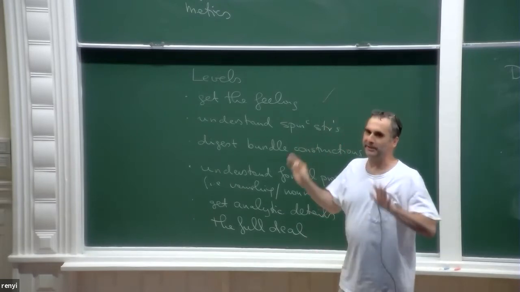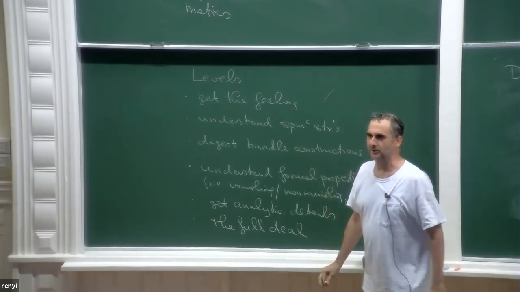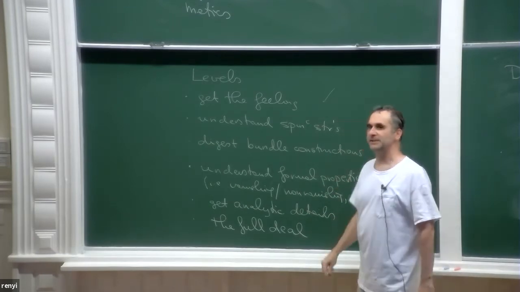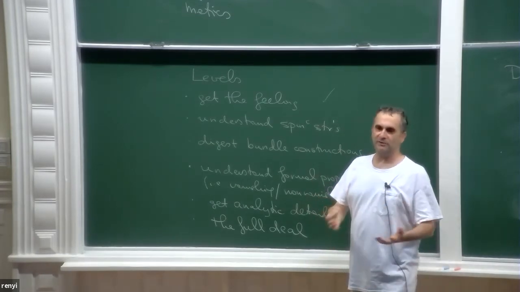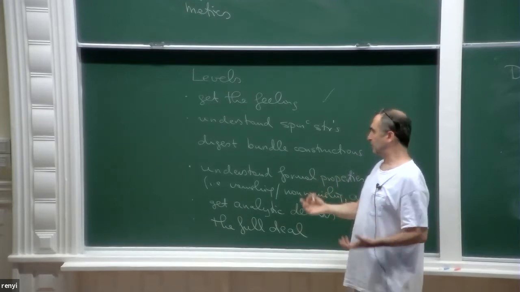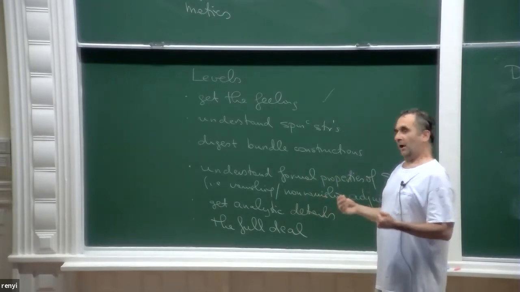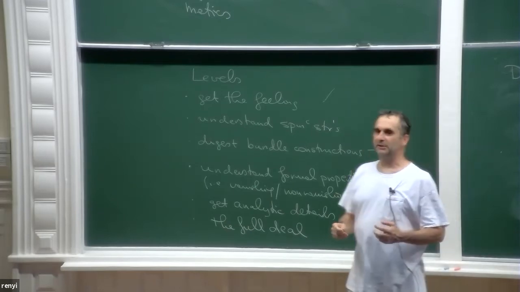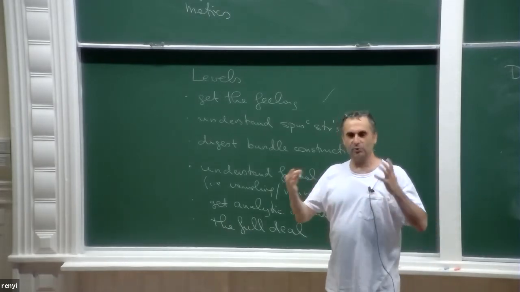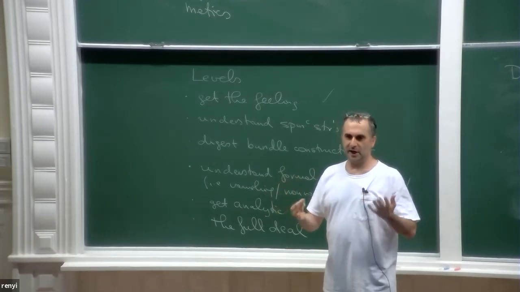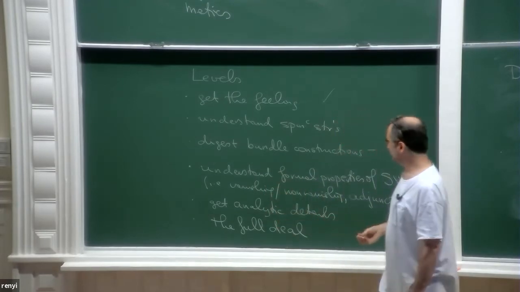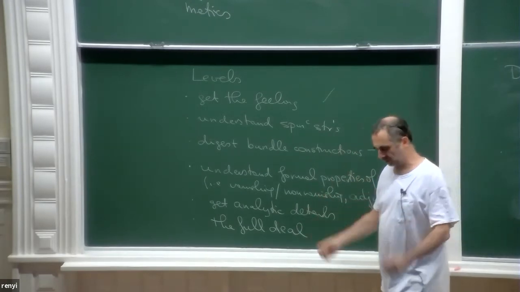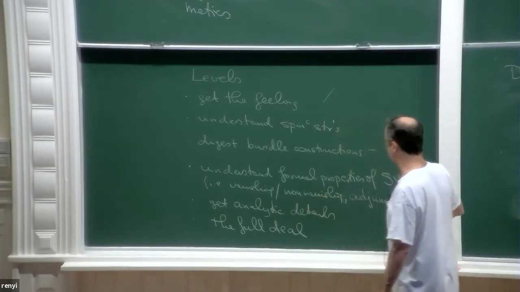I hope everybody got some feeling of how these things are defined. The next level is to understand spin C structures. This involves a little bit of working with bundles. The next level is to understand the bundle constructions I did, like how to define these operators and what connections are, and see what the relations between these objects are.